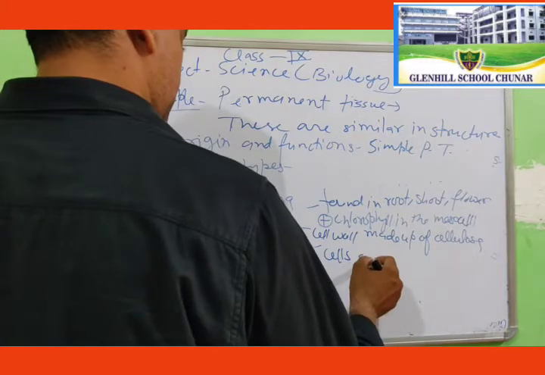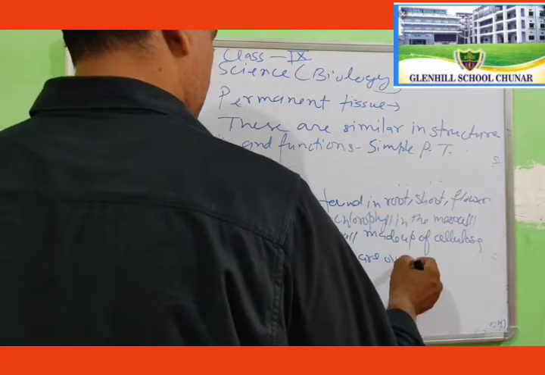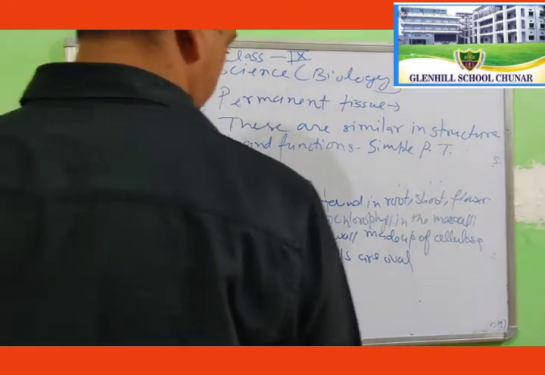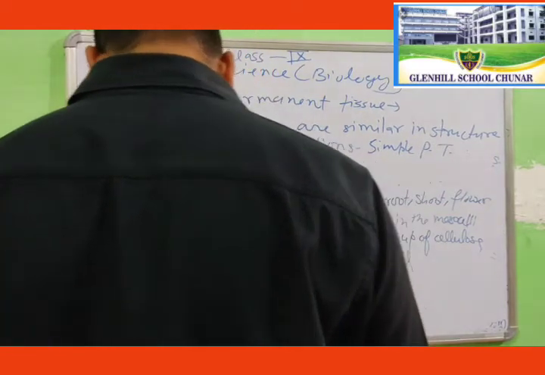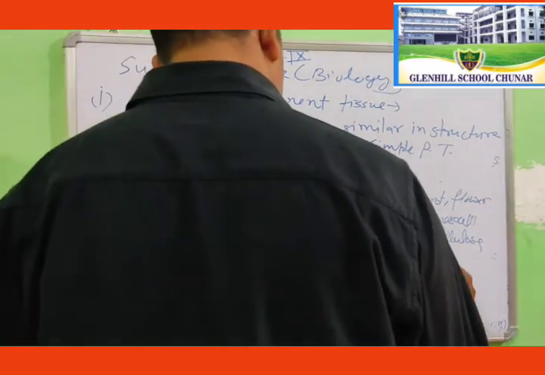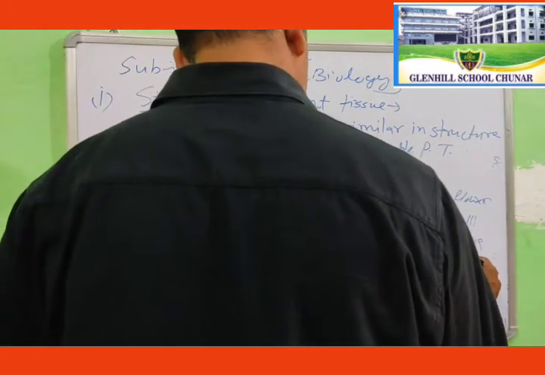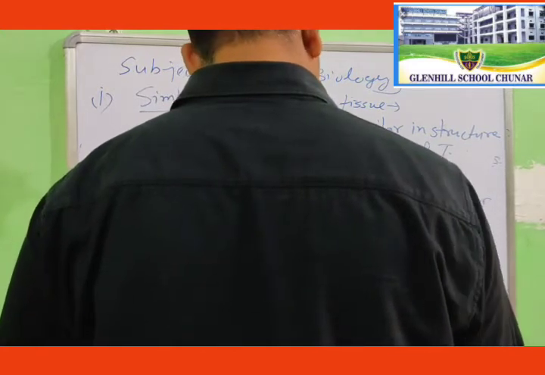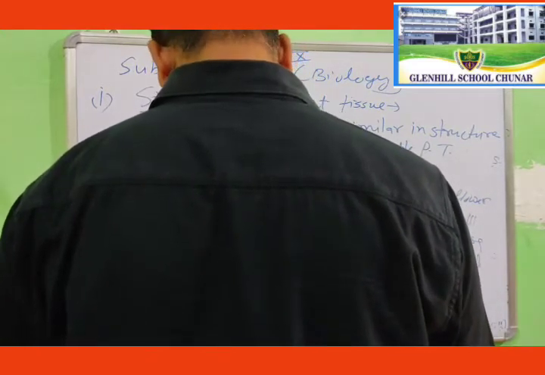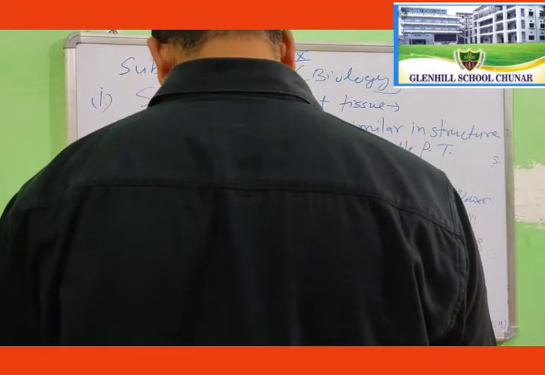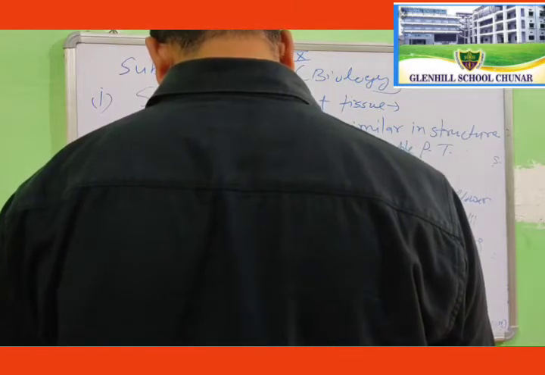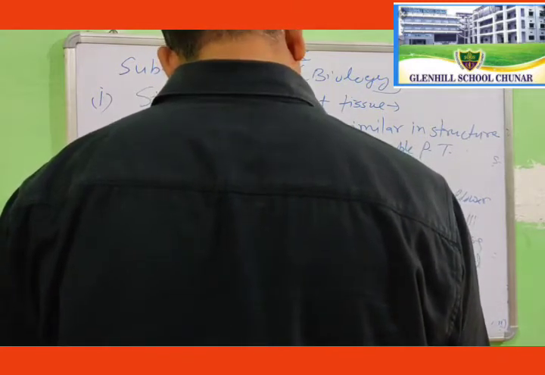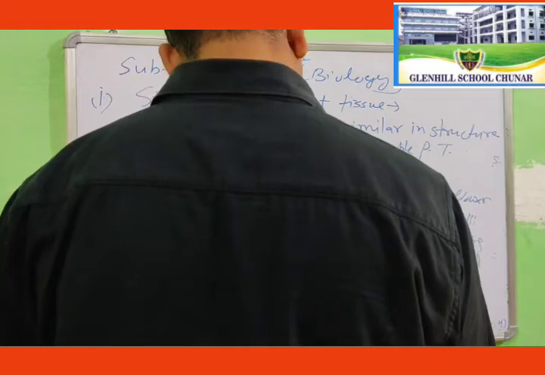Cells are oval or spherical or polygonal in shape.